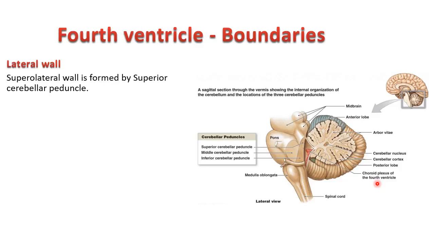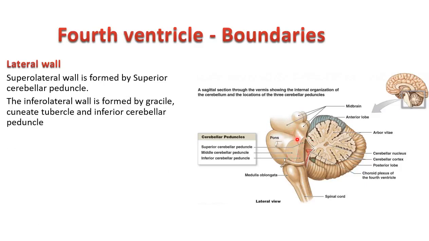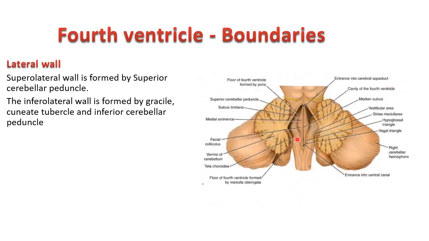Here you are able to see this is the middle cerebellar peduncle, and that is the superior cerebellar peduncle. That mainly forms the superolateral wall. The inferolateral wall is mainly formed by the gracile and the cuneate tubercle and the inferior cerebellar peduncle.